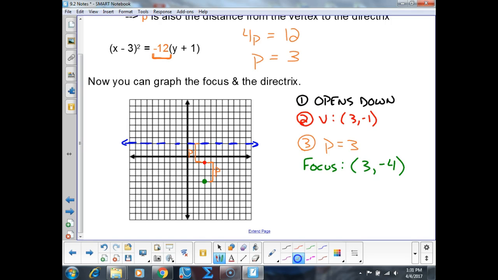So my directrix is the line y equals 2. With me so far? Okay. Breaking it down.